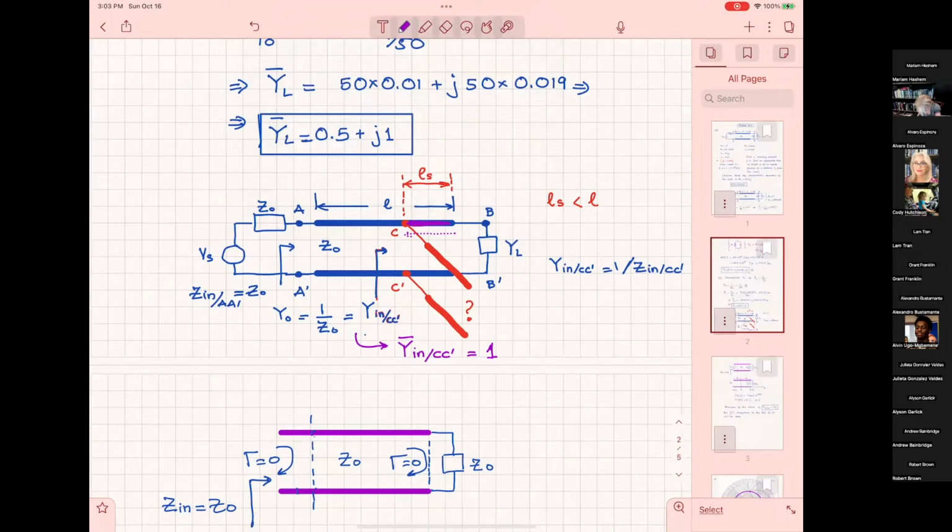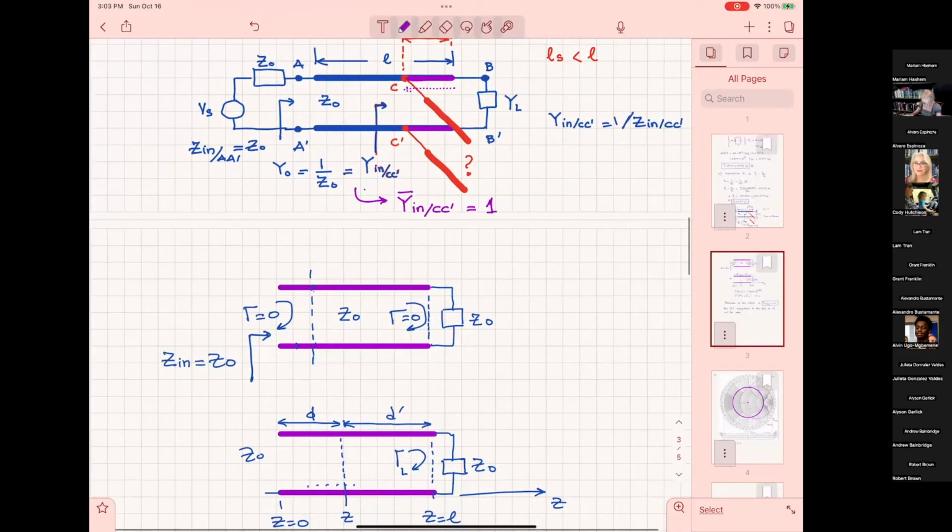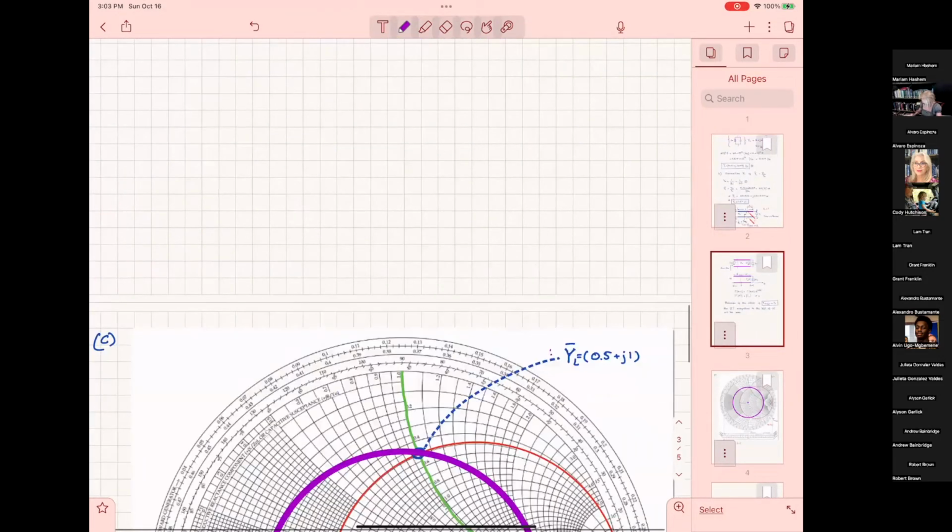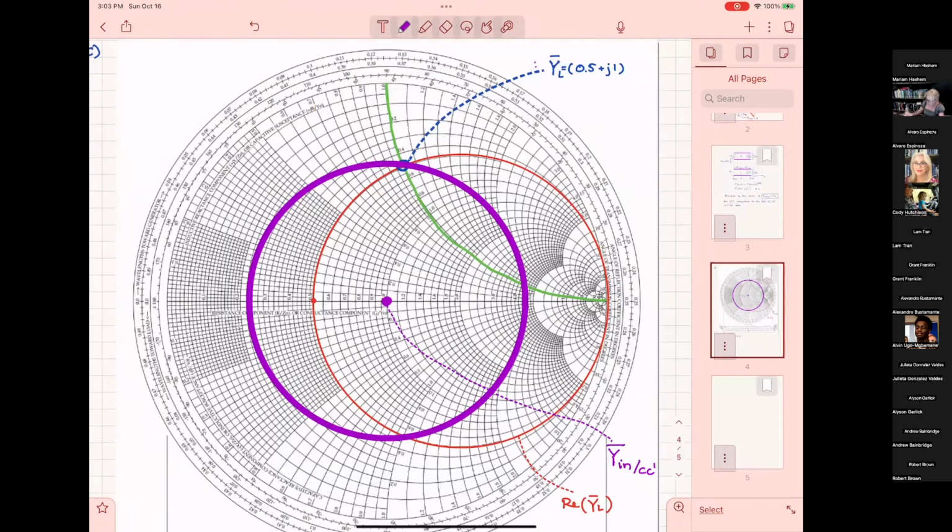For this small section of the transmission line, this is the circle. Any point on this purple section is on this circle. This is a circle that goes through the center of the Smith chart and it goes through the load. Any questions?